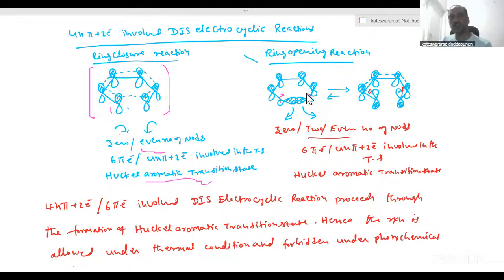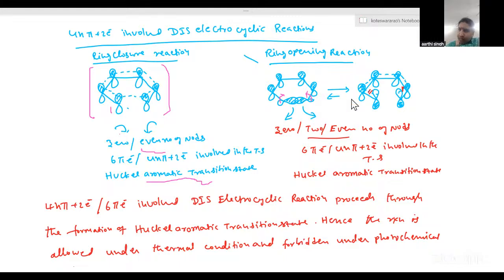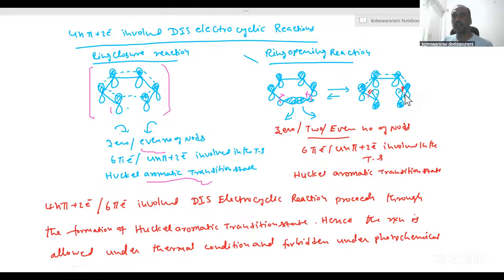It is moving above the sigma bond, which leads to the formation of two nodes, one here and another here. So it has zero or an even number of nodes. The number of electrons involved is 4n plus 2, or 6 pi electrons. This also becomes a Huckel transition state.